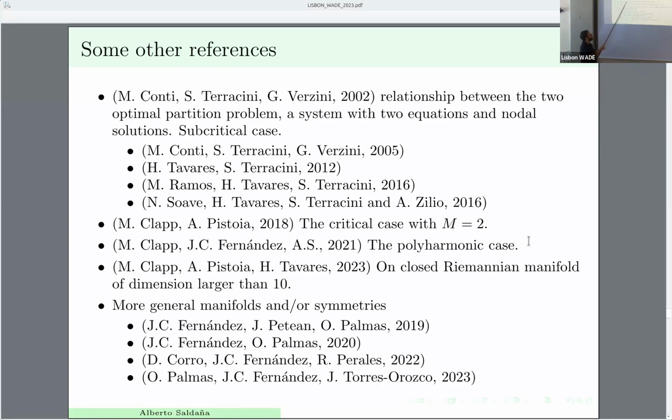And then there is a group working with these techniques and systems, and particularly Hugo has worked a lot on this. Then there are also papers working with the critical case and two sets to optimize the partition. Then there have also been papers considering other operators like polyharmonic operators, papers working on more general manifolds and not just the sphere, and papers working with more general symmetries.